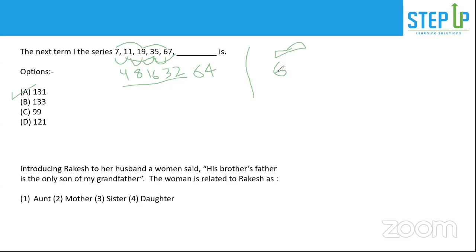Sometimes there could be an exponential increase, meaning an increase by a square or a cube. Sometimes the series is reducing, and the same logic applies. Is it reducing slowly? Then subtraction could be involved. Is it reducing very fast? Then an exponential reduction is happening, meaning it could be 1 by 2 square, 1 by 3 square, and so on.